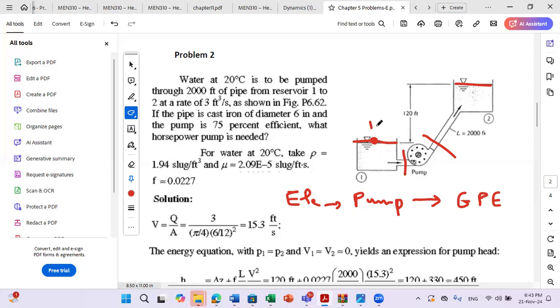If this is point 1 and this is point 2, I have free surfaces here, exposed to atmosphere. Whenever I have a free surface exposed to atmosphere, I can say that P1 is equal to P2, equal to P atmospheric. And since I have a very large reservoir, for both cases I can say that V1 and V2 are really small, so they can be neglected.